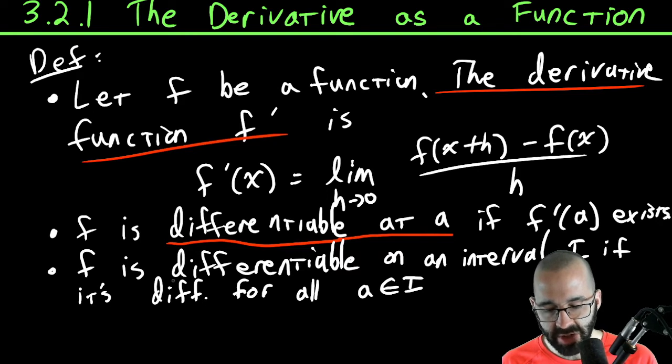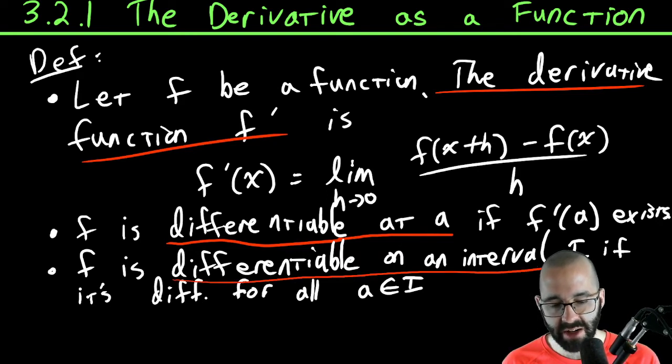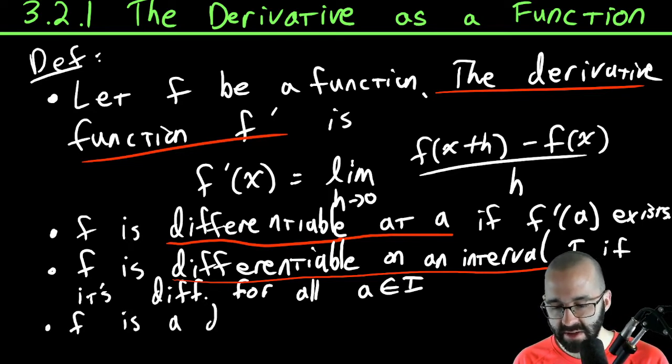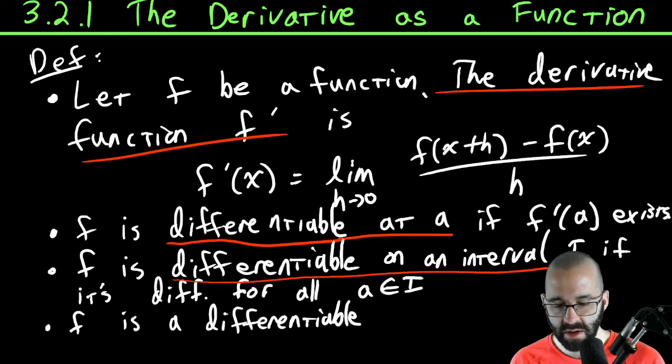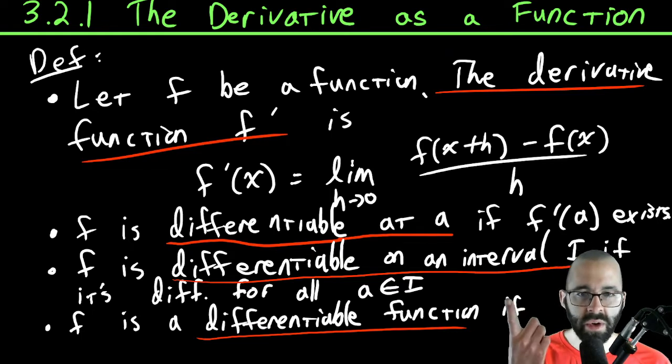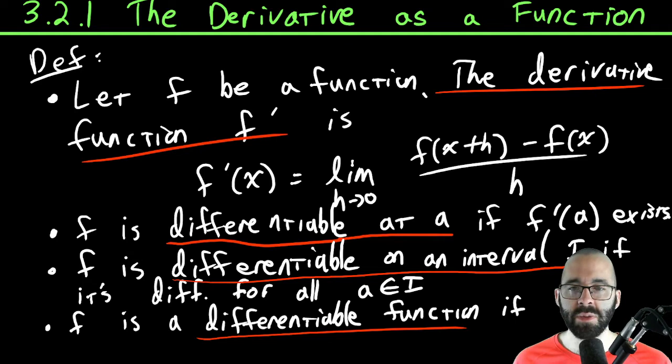So we have differentiability at a point, differentiability on an interval, and finally, f is a differentiable function, period. What do you think for this one? Differentiable at a point means the derivative exists at that point. Differentiable on an interval means the derivative exists on that interval.